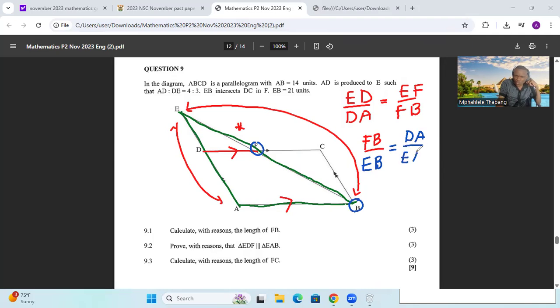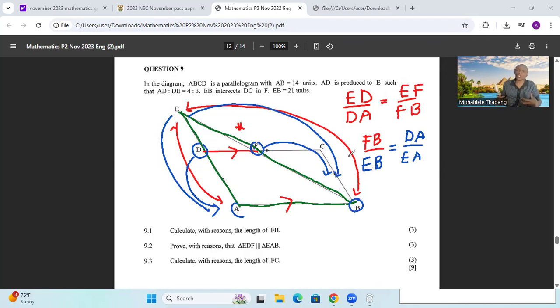Make sure that what you do on this side of EB, if you start with FB, on the other side you start with DA. Even when you come to this side, you follow the same procedure. You say DC over EC, and this is what we call the proportionality theorem. Make sure that you write the reason: prop theorem.